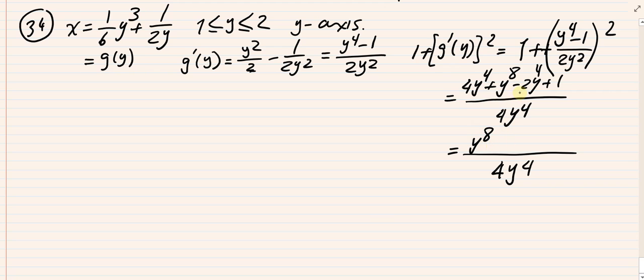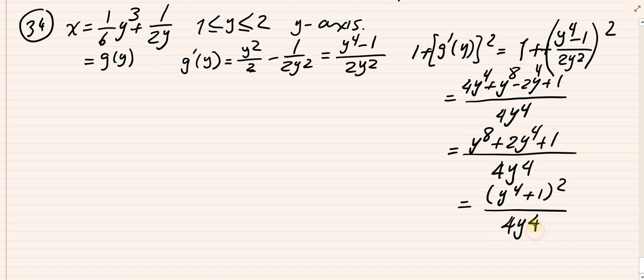We have a couple of like terms, 4y to the 4th negative 2y to the 4th, that makes it plus 2y to the 4th plus 1. And again, we can write the numerator as a binomial squared, y to the 4th plus 1 squared, divided by 4y to the 4th. That's all of the radicand.